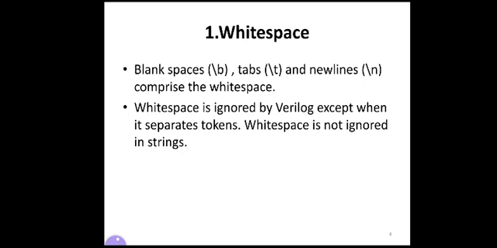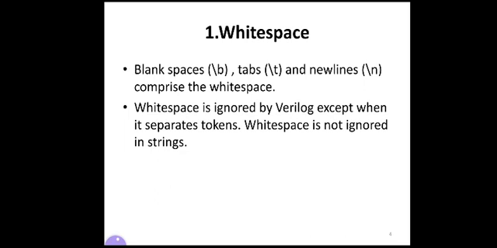Blank space, tab, and new line, which we have already used in the C programming language also. Blank space, tab \t, and new line \n are the white spaces used in Verilog HDL.